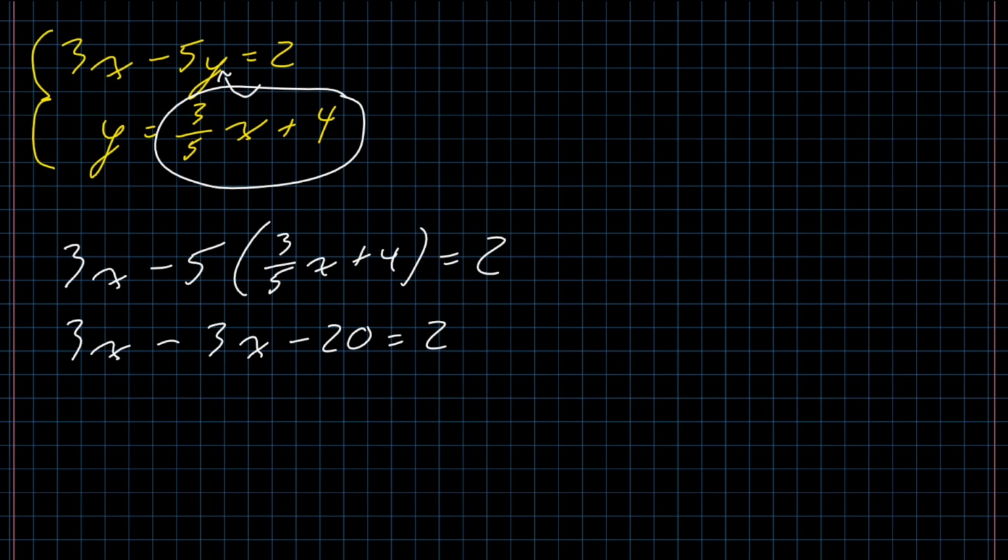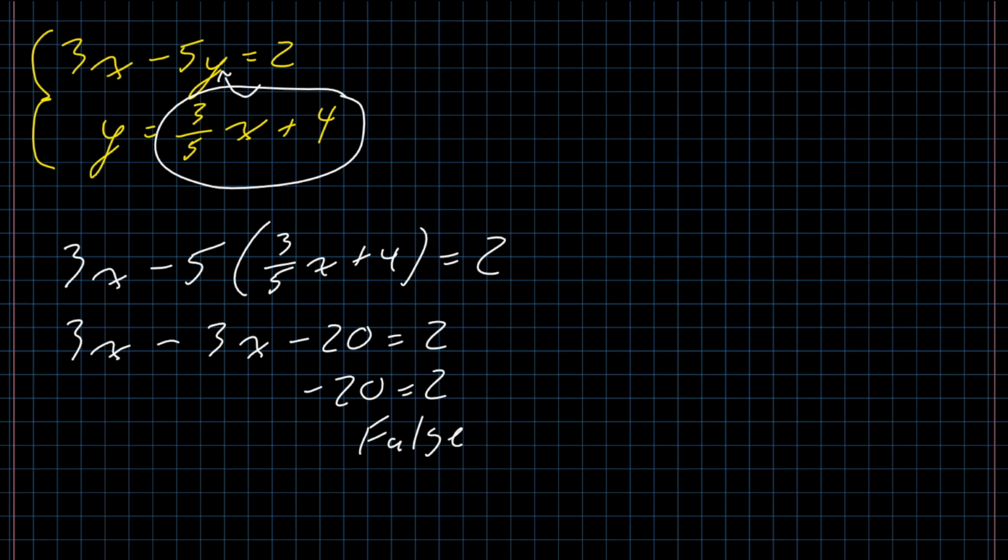and then combine some like terms. 3x minus 3x is 0x, or just 0, and we get that negative 20 equals 2. Well, there's a problem. Negative 20 is definitely not equal to 2.